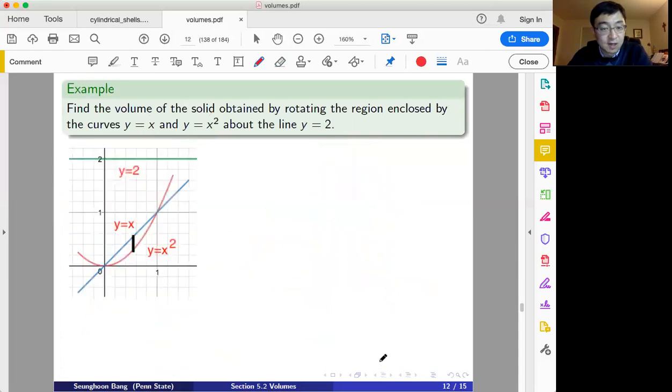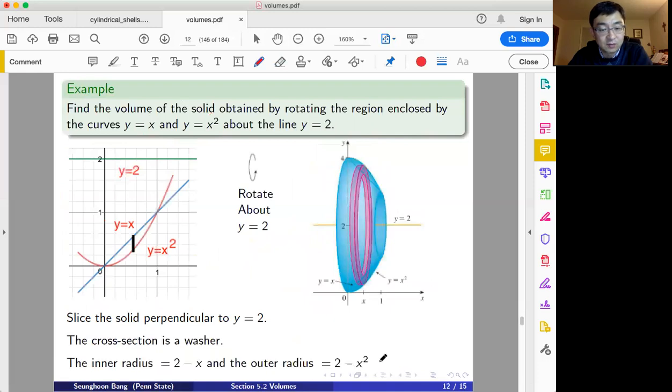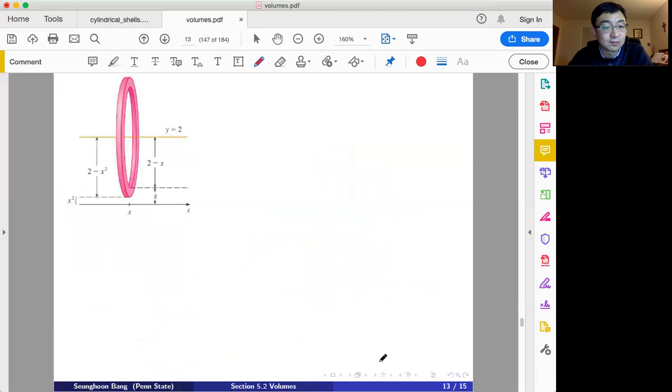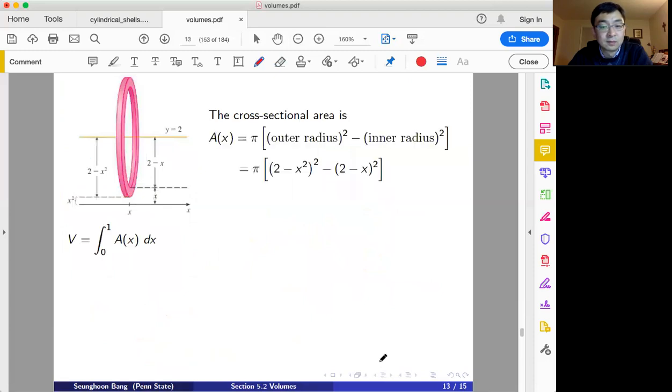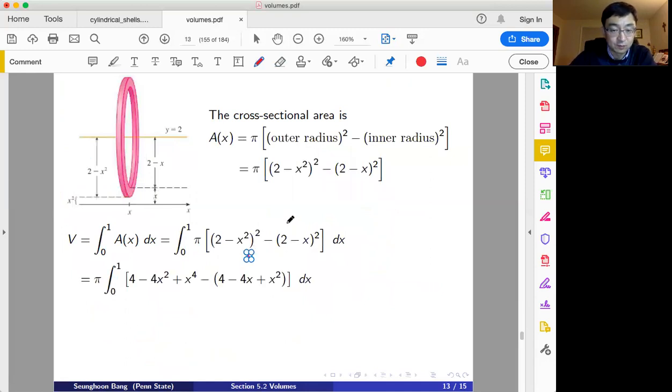Now let's calculate. Next is to simplify. (2 minus x squared) squared is 4 minus 4x squared plus x to the 4. And (2 minus x) squared is exactly 4 minus 4x plus x squared. Simplify here: distribute the negative, and the 4 is cancelled.